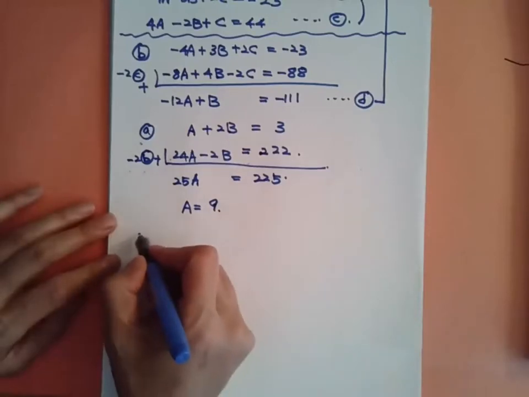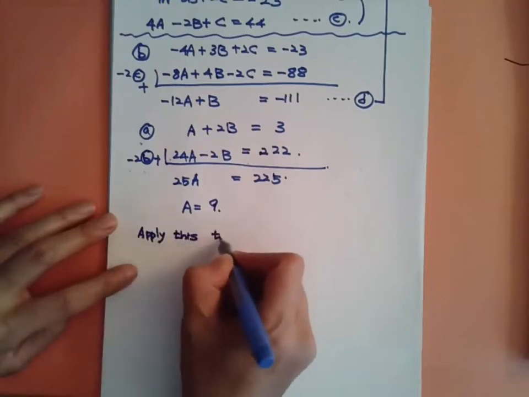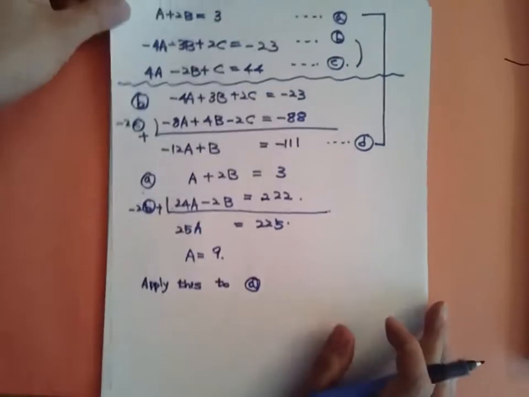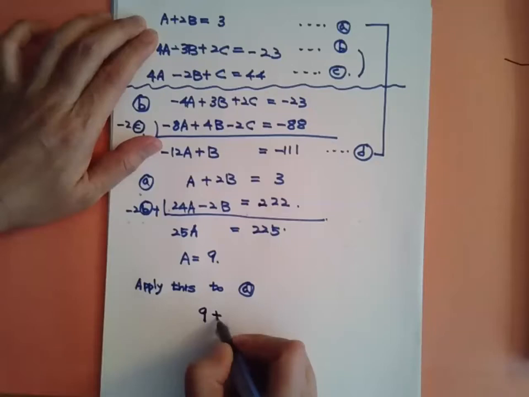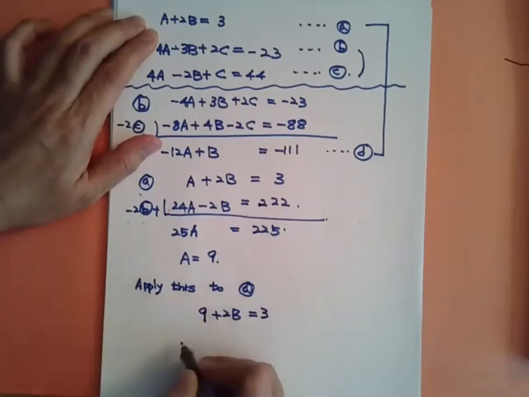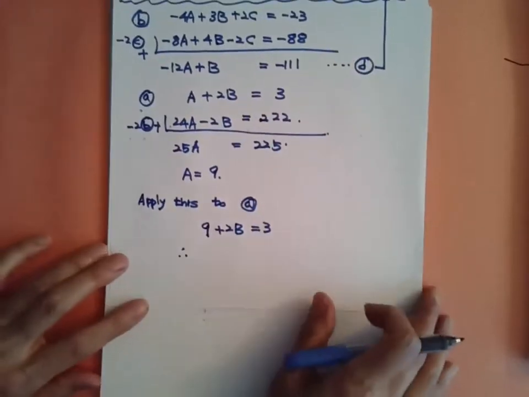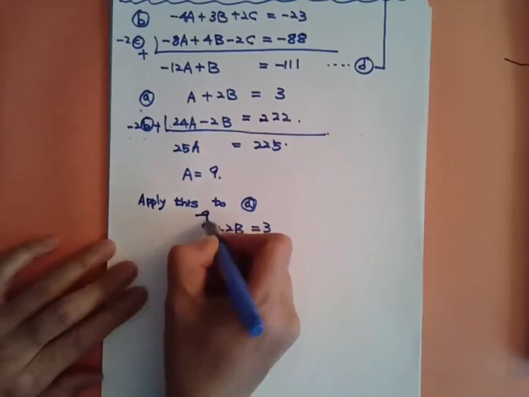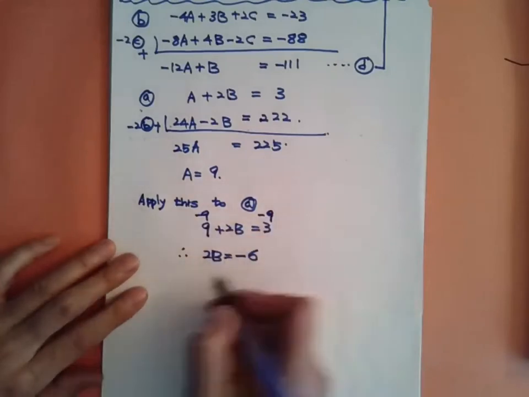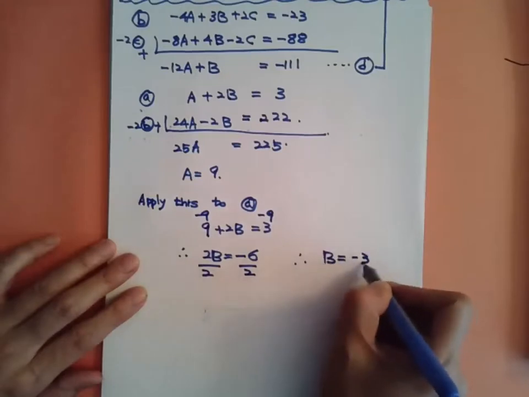So we apply this to A: a is 9, so 9 plus 2b equals 3. So 2b equals minus 6. We just subtract 9 on both sides, and then we divide by 2 on both sides. So b equals minus 3.